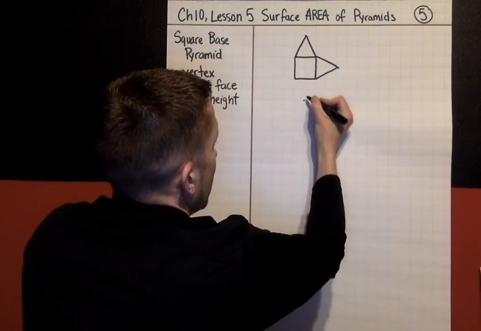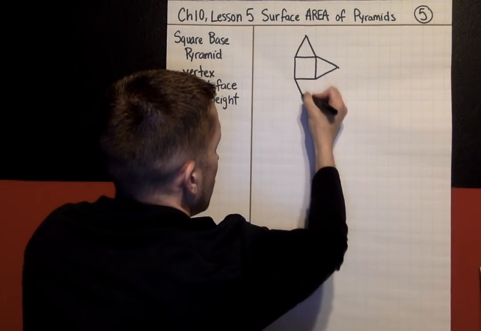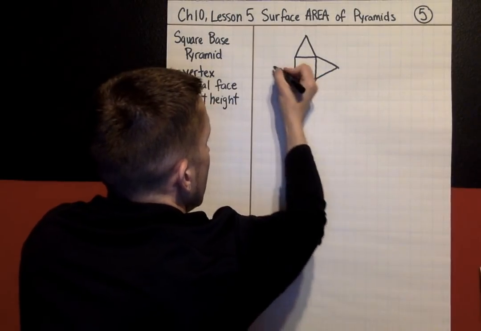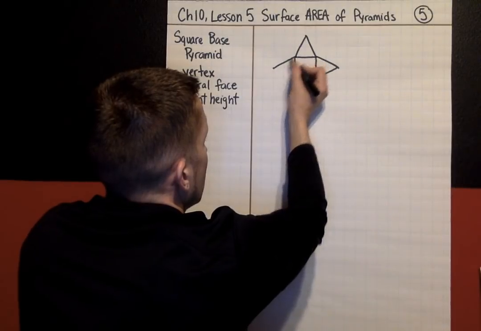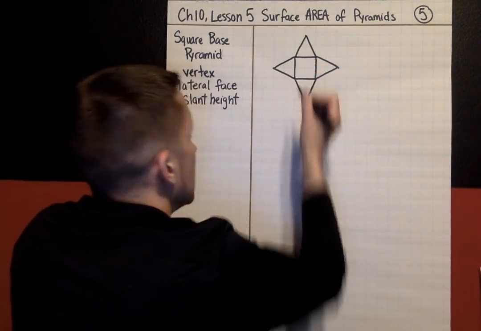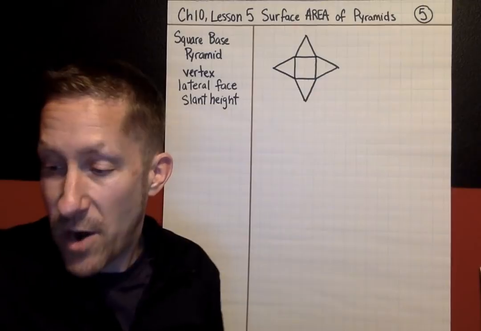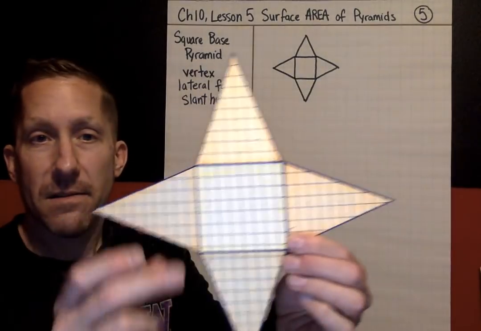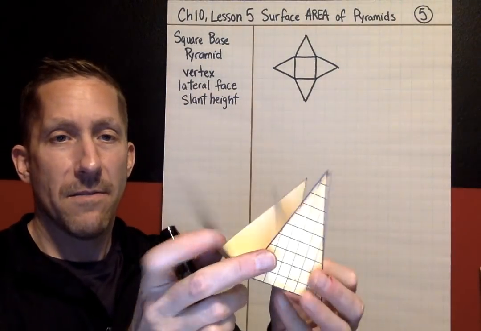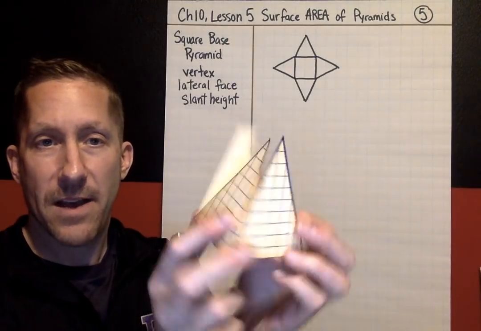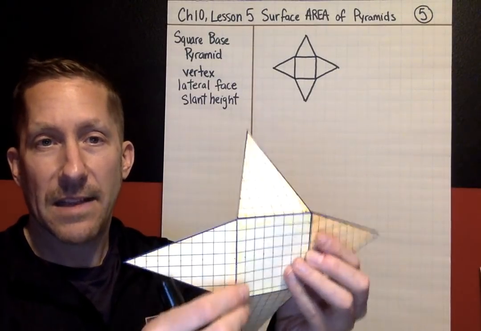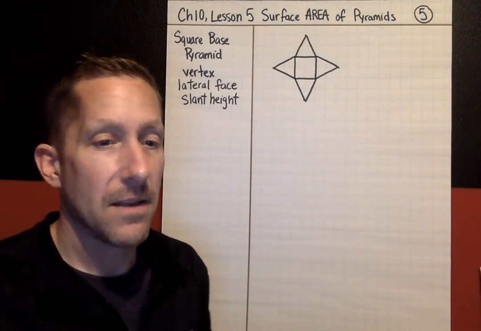Same thing from the bottom, 2 down, right from the bottom, and connect, and same thing to this side. So there is my square base pyramid. Fold it up, and I've got 4 triangles on the lateral face and a square base.